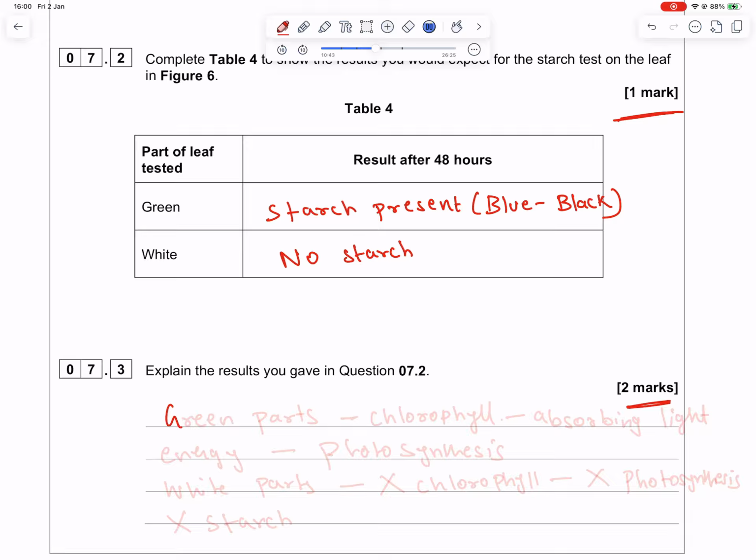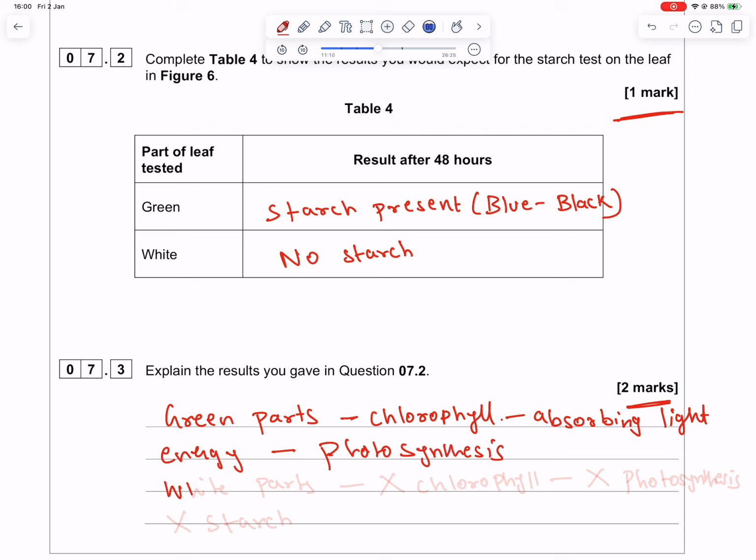So green parts means you have identified that they have chlorophyll and that's absorbing the light energy. You're going to mention that in your first sentence, and this is needed for photosynthesis. That's your first mark there.